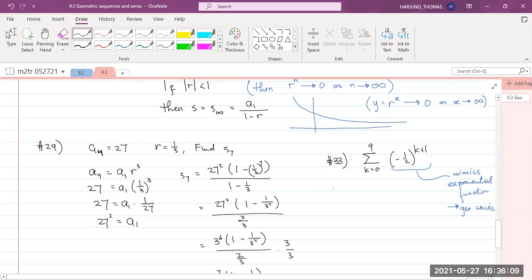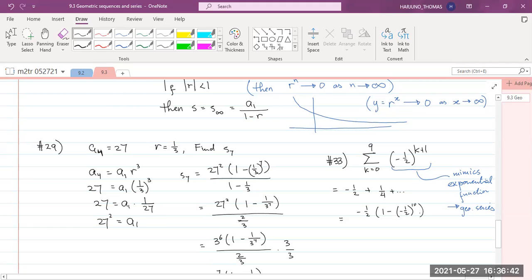Now then, to find the geometric series sum, let's see, what is the first term? The first term is when k equals 0, so that's negative 1/2. And then the next term you multiply by the ratio negative 1/2, so it becomes positive 1/4 and on. You have 9 terms there. Okay, so using the formula, that's negative 1/2 the first term, times 1 minus negative 1/2 to the 10th.